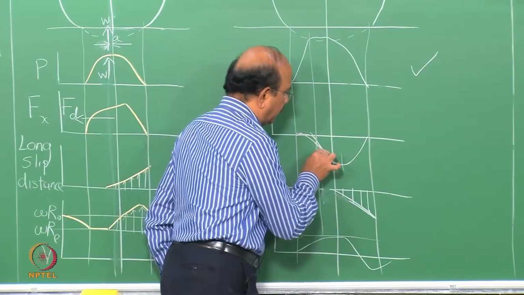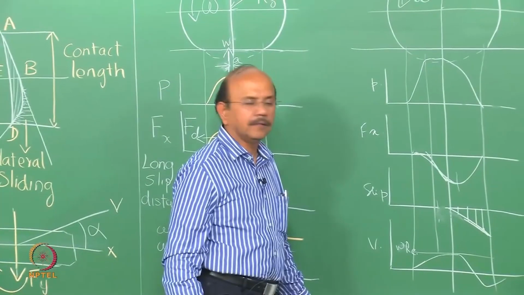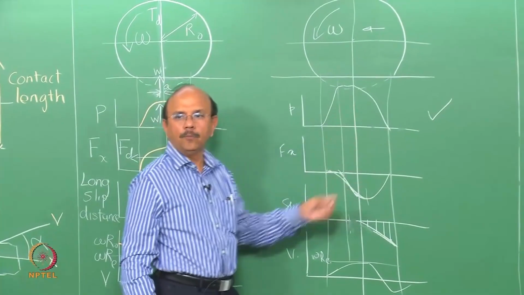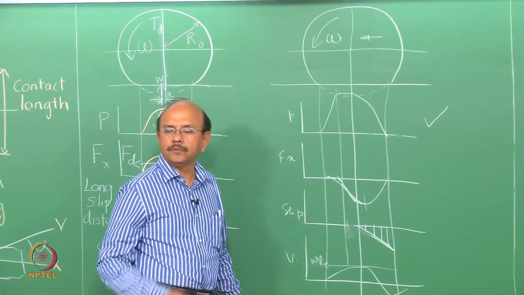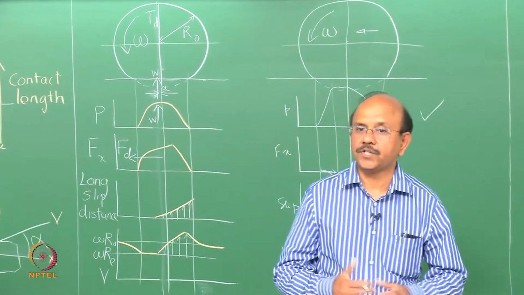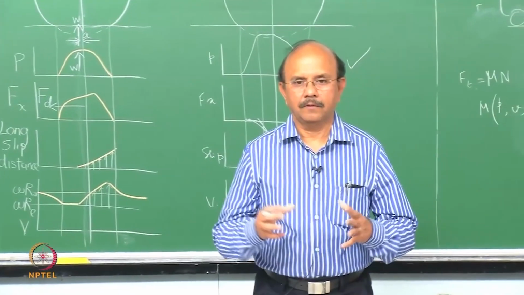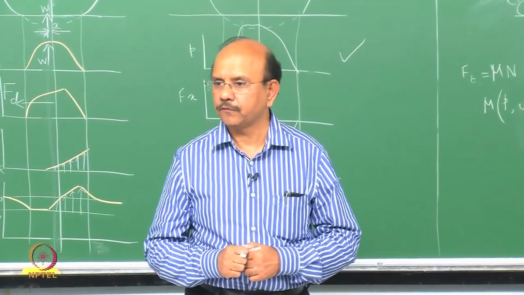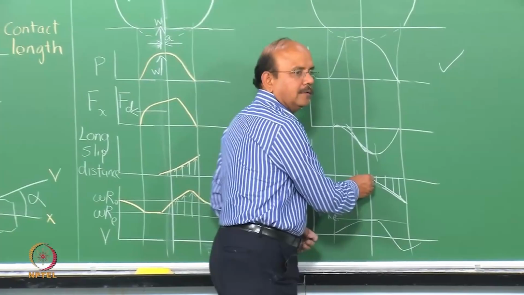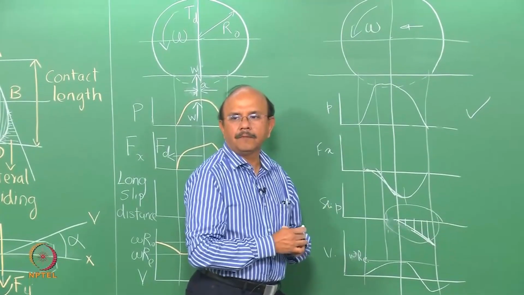I keep increasing, I come to a position where the normal force is no more able to sustain this tangential force. So, at that point, things are going to undergo a micro slip.